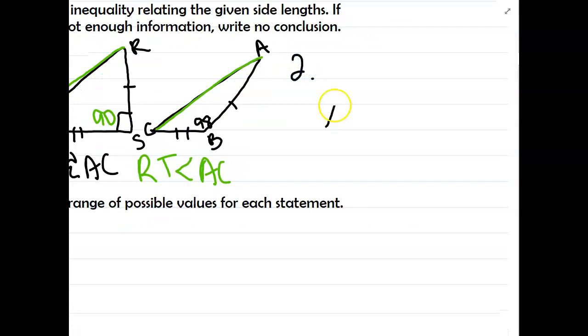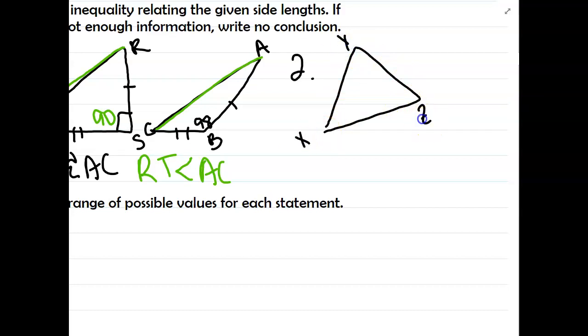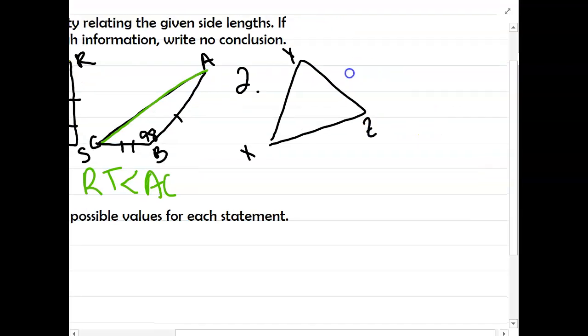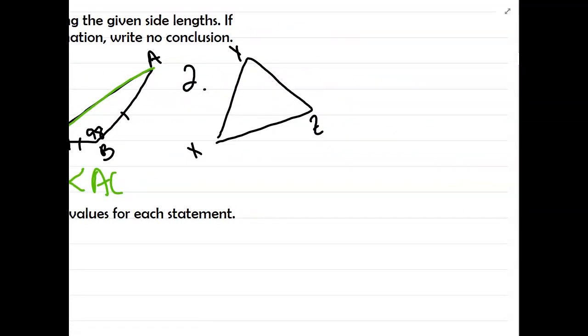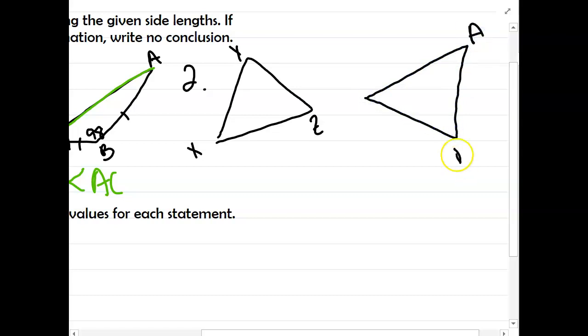Our first triangle is going to be triangle XYZ, and the second triangle is going to be ABC. Triangle XYZ, triangle ABC.